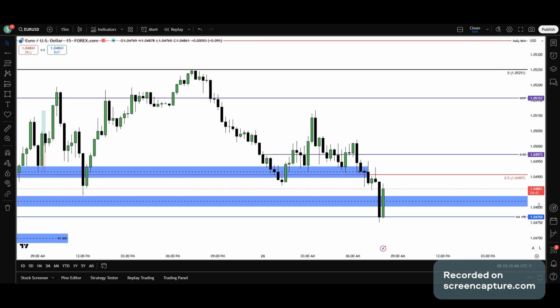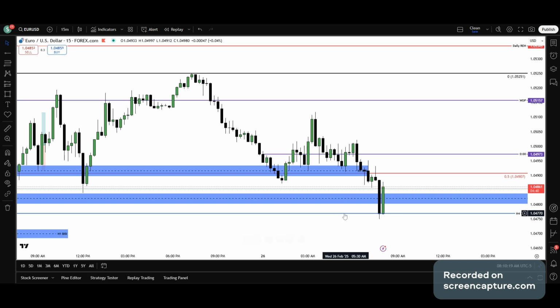Now, I need several things to pan out before I go long. For one, I need this short-term high right here to get taken out. This one or this one. Most likely, if this one gets taken out, this one will get taken out as well. So I'm looking for a 15-minute market structure shift.